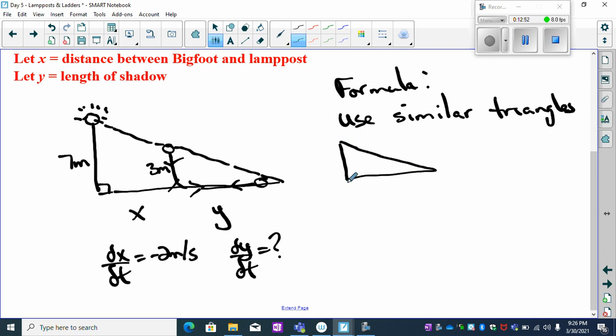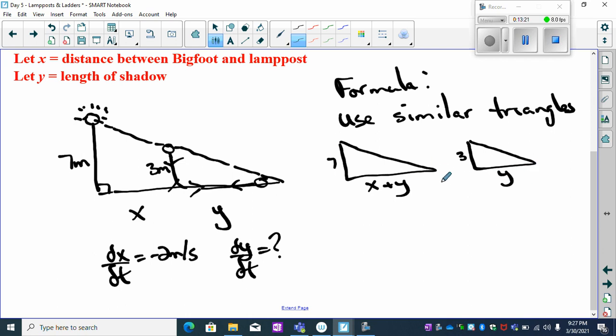This side would be the lamppost, it's 7, and the base of the big triangle would be x plus y, the distance from the lamppost to Bigfoot plus the length of the shadow. And we're going to compare it to the smaller triangle, which uses Bigfoot, who is 3 meters, and the length of the shadow, y.